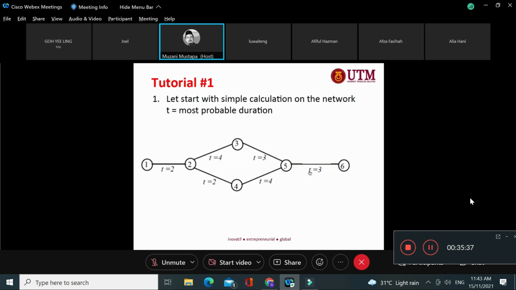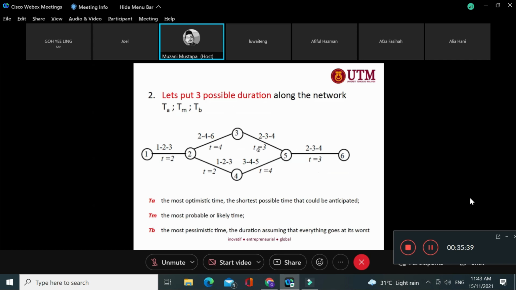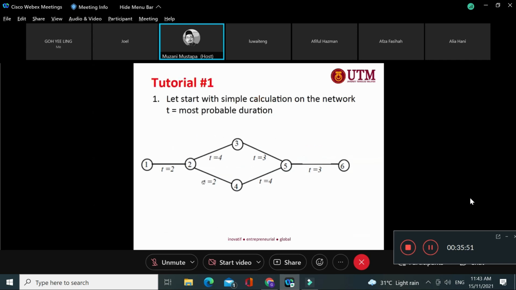Alright, so now when we move to the second slide, you can see from here we put the 3 possible durations along the network. Again, if you look here, can you determine the critical path line yet? Is there one? I'm asking you.